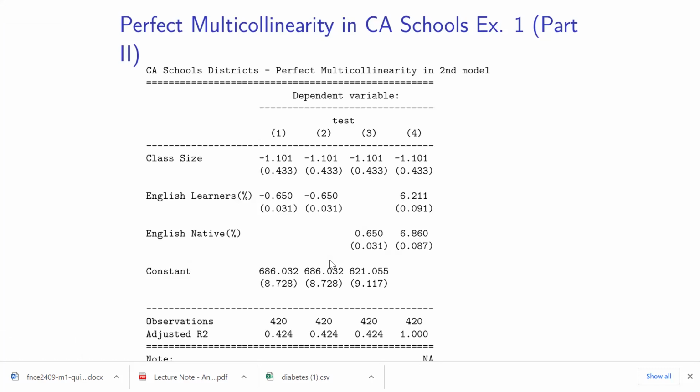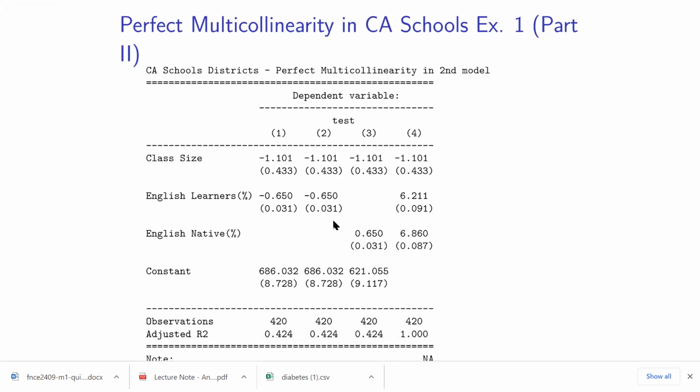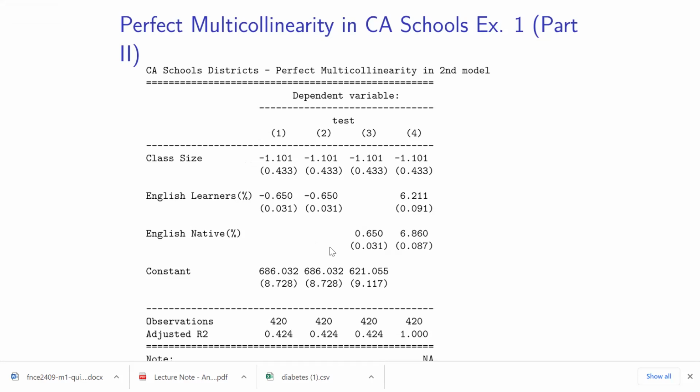Recall that I have included both English and native as regressors in model 2, but the regression output didn't show any estimate for native in model 2. This is a big red flag that I might have the perfect multicollinearity problem in this model.